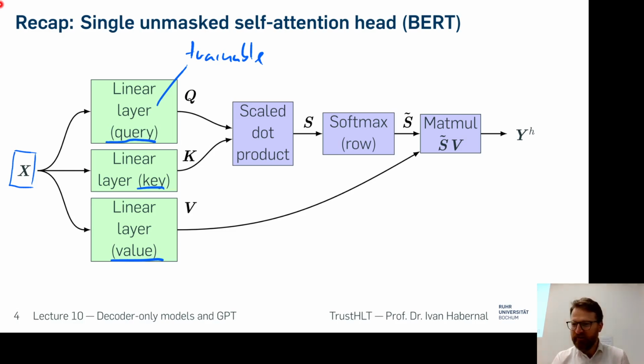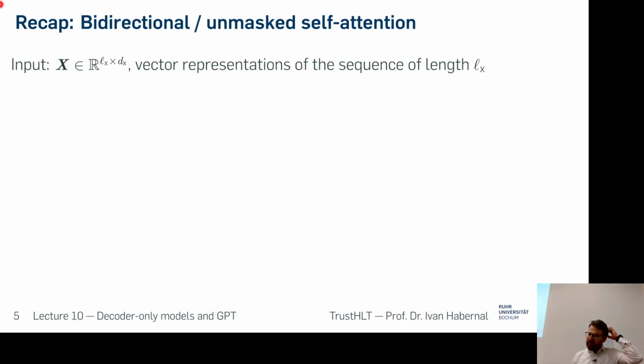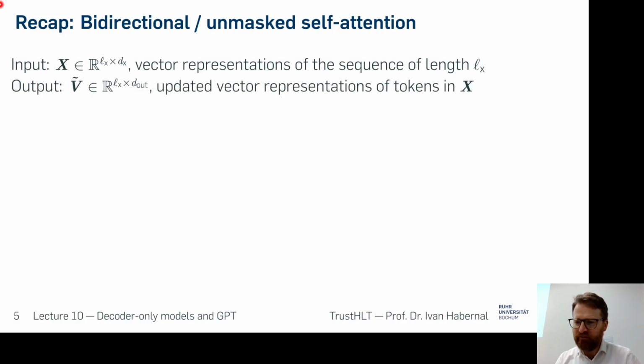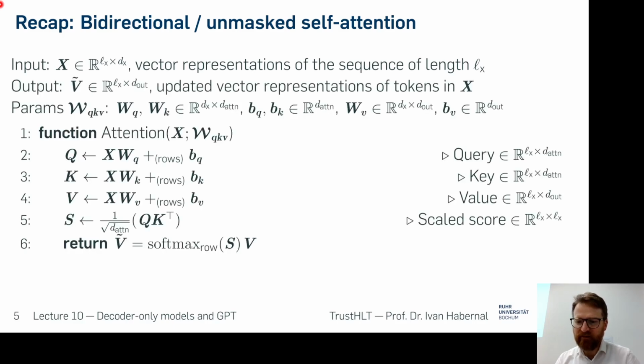So let's move on. So here's again the algorithmic depiction of this self-attention, but I'm gonna maybe go through it because it's just repeating from last time, and then I spent some time talking about it already. So again, we have some input, we talked about what it means. We have some output, we also talked about what it means, and then the single attention head is having projected Q, query, key, and value.